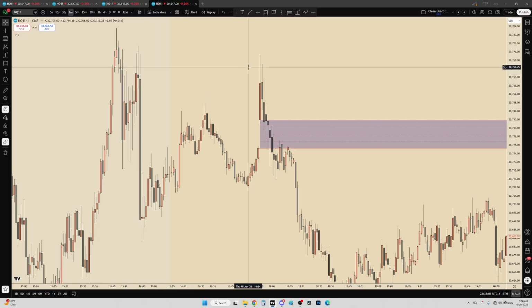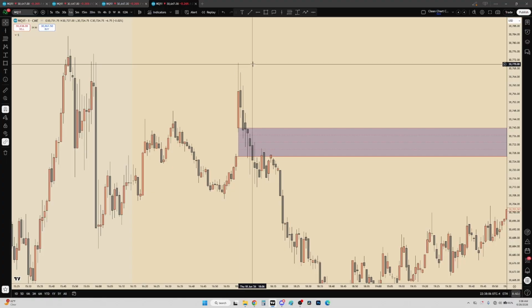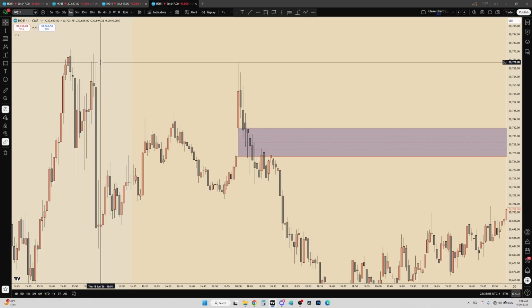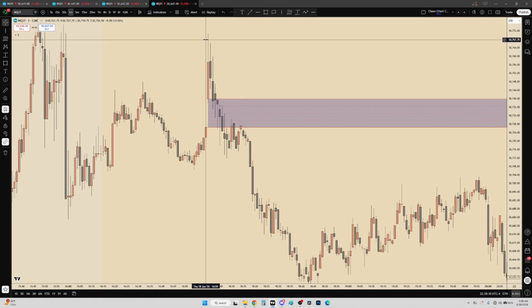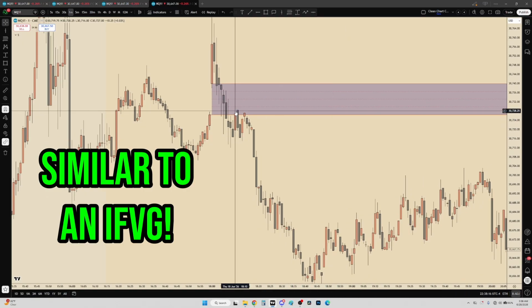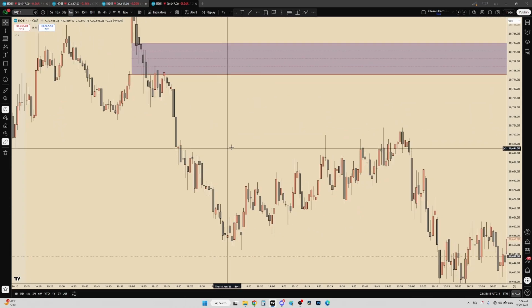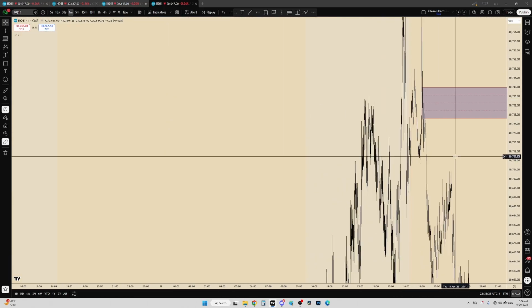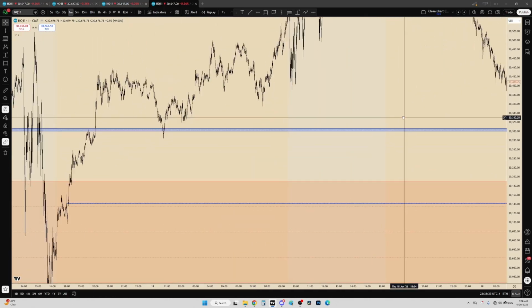High is 771, high here is 770.75. So it stopped short of that liquidity here by 1 tick, quickly dropped, retraced up into the bottom of the NDOG, used it as resistance, and then we sold off. You could see how price reacts to these levels as we're moving through time.